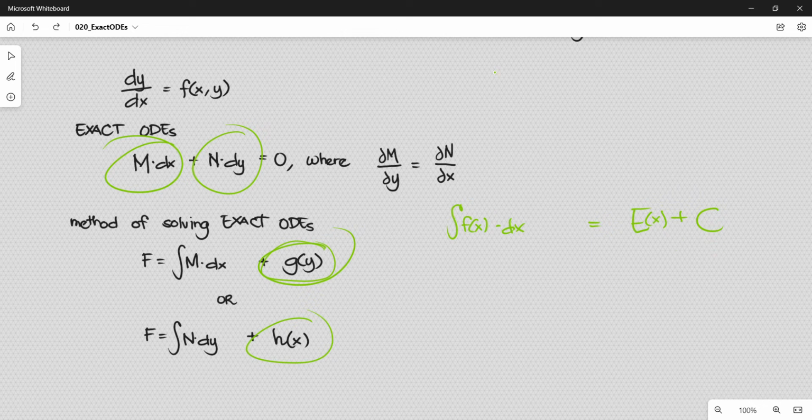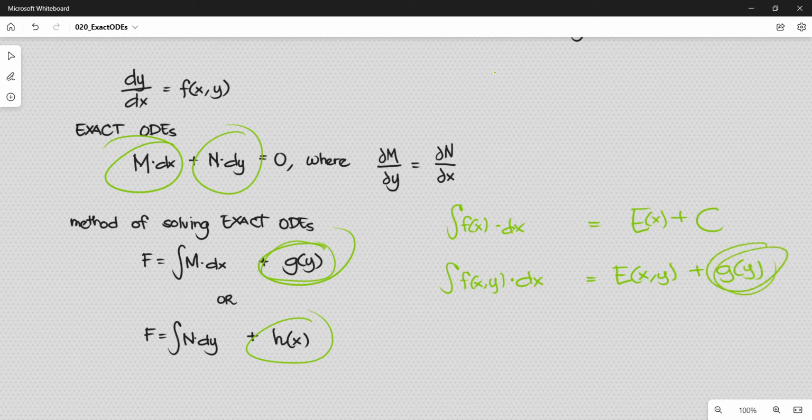Kapag nag-integrate naman tayo ng functions of two variables, sabihin natin f of x and y, with respect dun sa isa sa mga variables na yon, dx, then yung makukuha nating sagot ay function ng x and y plus isang function ng y.